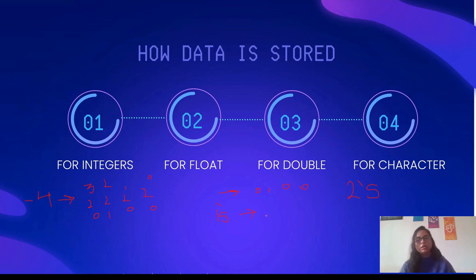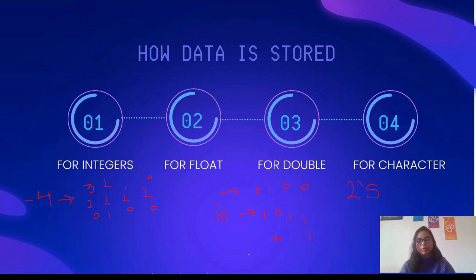If it is 0, convert it into 1. If it is 1, convert it into 0. So here 0 becomes 1, 1 becomes 0, 0 again becomes 1, 0 again becomes 1. So this is the 1's complement, and in order to calculate the 2's complement, simply add 1.